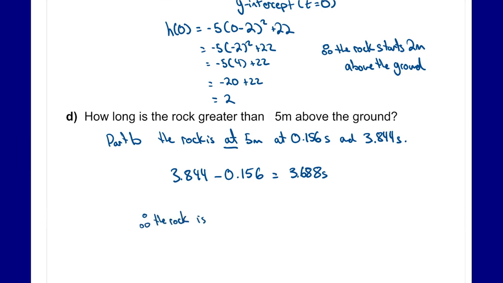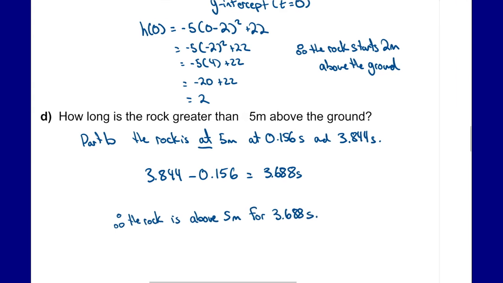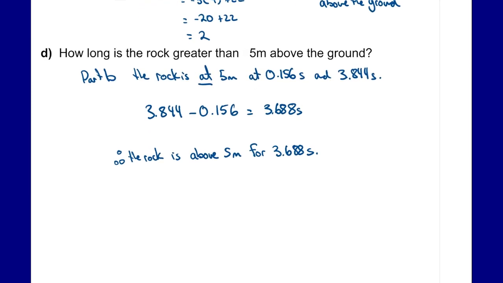Therefore, the rock is above 5 meters for 3.688 seconds. And the reason we can do that is because if I draw a quick diagram, we know it starts at 2 meters, the rock goes up, it comes back down.